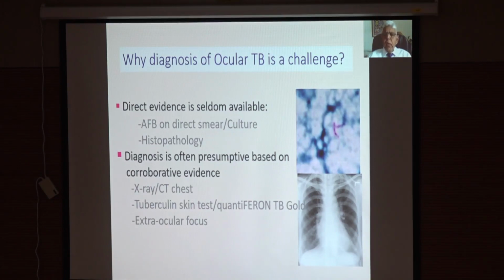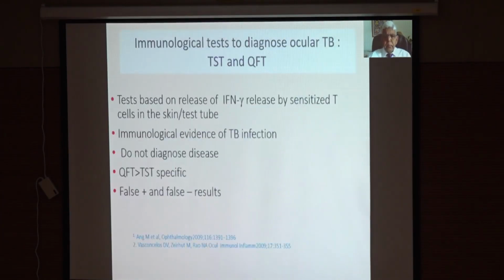So we often depend, for making this diagnosis of TB uveitis, on some corroborative evidence, based on radiological or immunological investigations. The challenge with the immunological test is, what's the basis first?